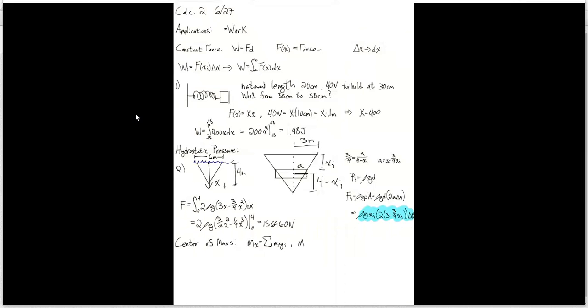And then our My is equal to the sum of the same masses, but now with their x coordinates. Right? So now this is just discrete.